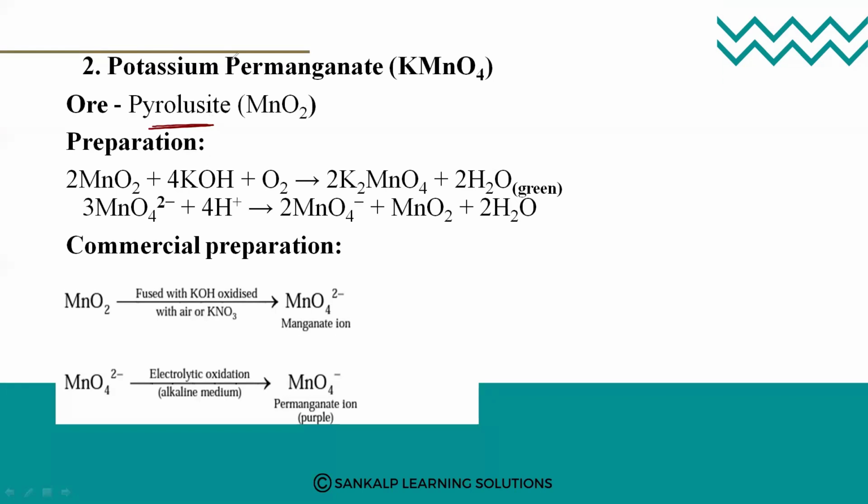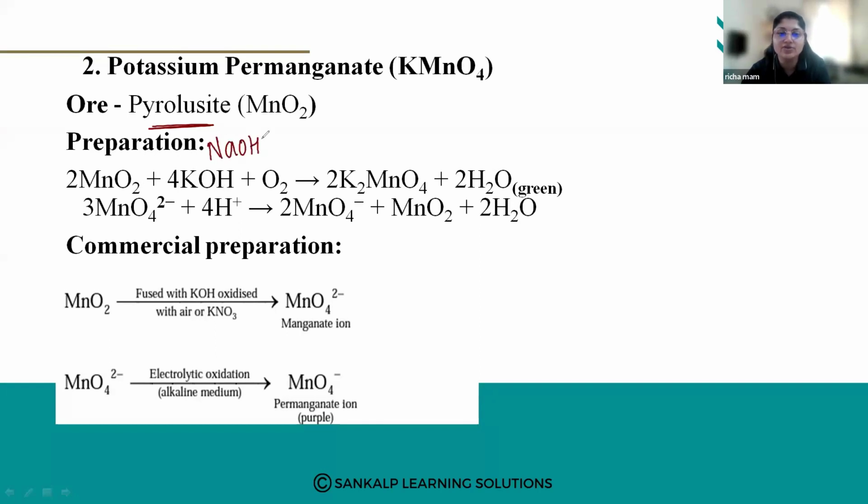With potassium hydroxide, or you can take NaOH, sodium hydroxide. So pyrolusite can be reacted with either potassium hydroxide or sodium hydroxide.